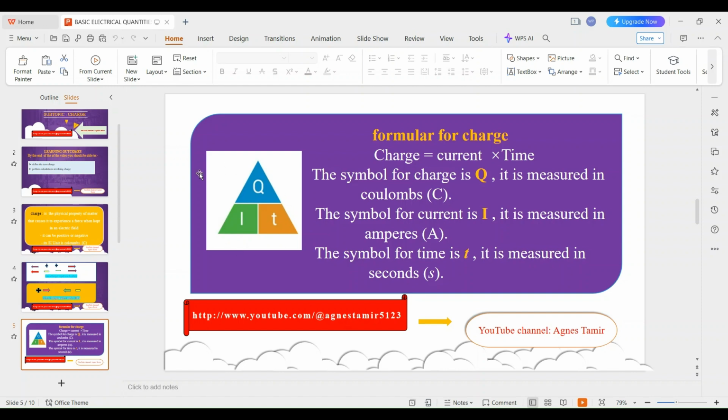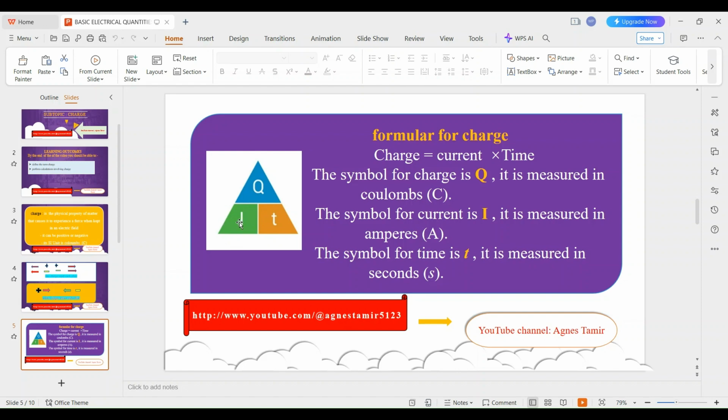We have a power triangle here for charge. Charge is abbreviated as capital Q. I is current, abbreviated as capital I, and small t is time. Charge is measured in coulombs.